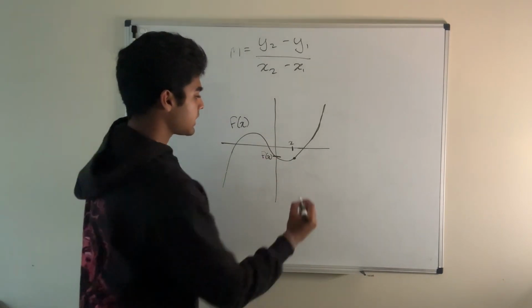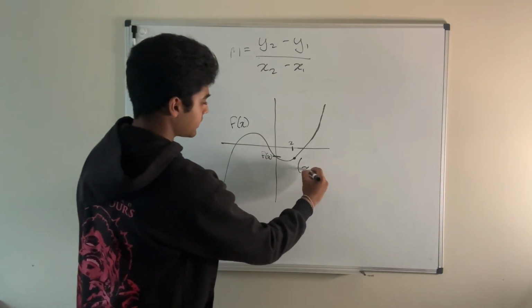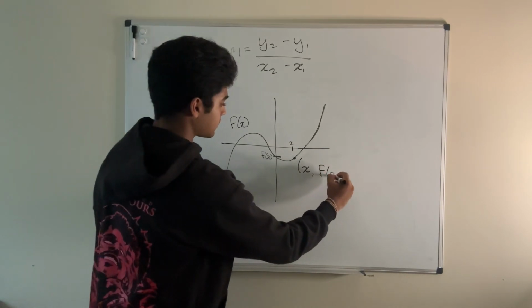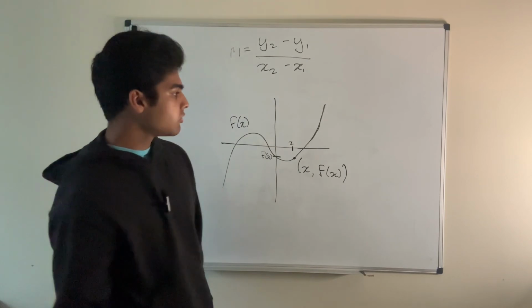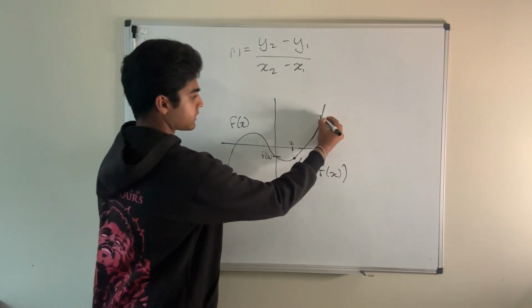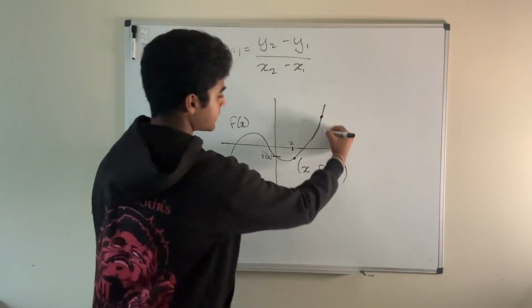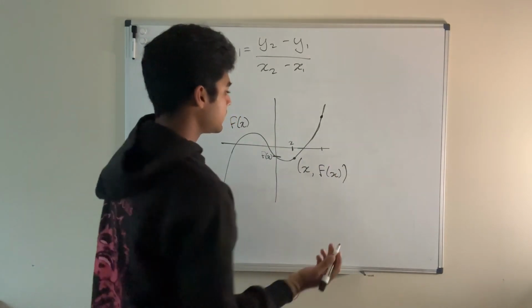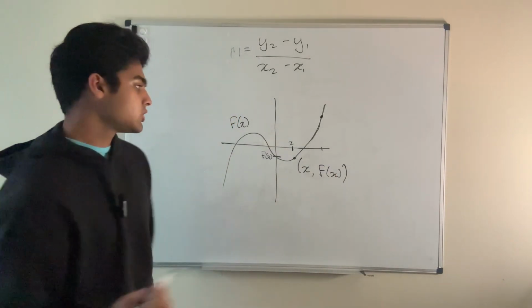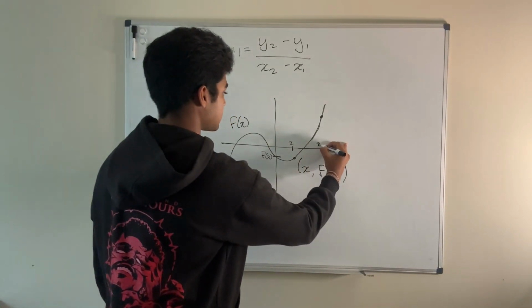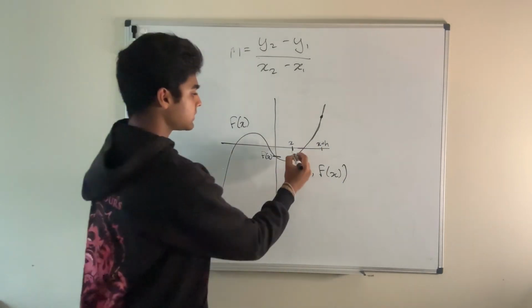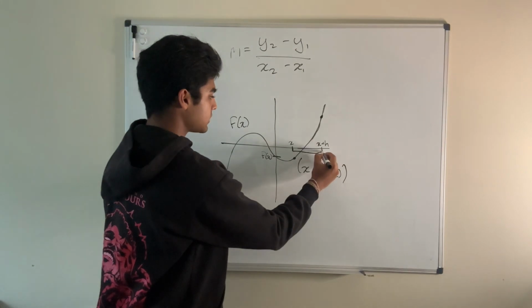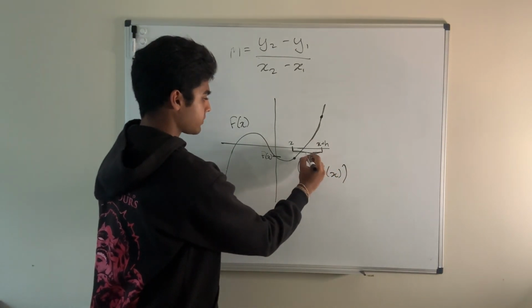Okay, so that would make this point x comma f of x. Now let's take another point right here, and we'll say that this point right here is the point x plus h. We're saying that because the distance between the 2 points is going to be h, okay?